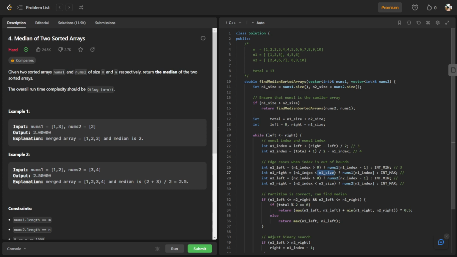Remember our n1 size is 6. So we'll be looking at nums1 at index 3, which is over here, right? So this 4. Right, so we're looking at this.